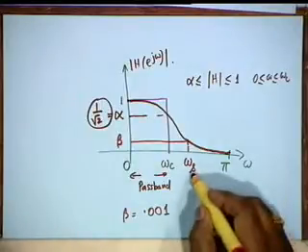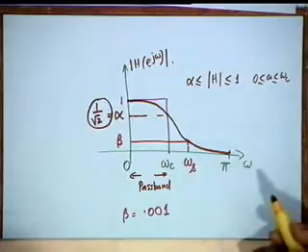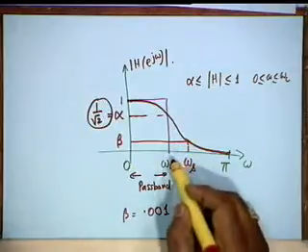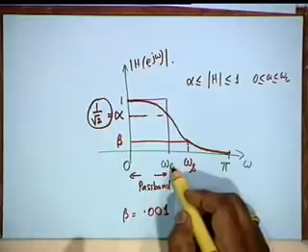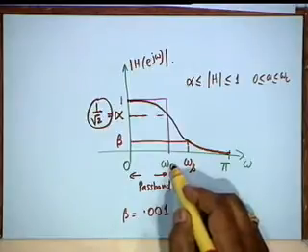Omega s shall also be specified. For example, if it is a speech filter for digital telephony, you might specify omega c, a normalized digital frequency, to correspond to 3.3 kilohertz.